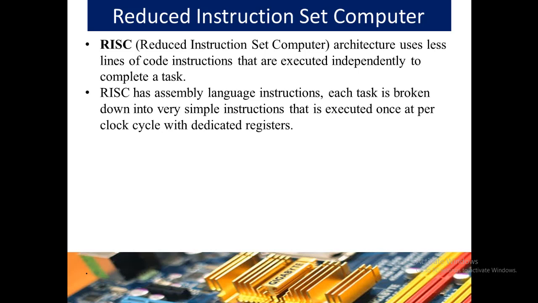Each task is broken down into very simple instructions that are executed once per clock cycle with dedicated registers. RISC basically uses registers, while on the other hand CISC used RAM. CISC accessed memory directly, while RISC uses registers. That makes the system faster and allows the processor to complete its task quickly.